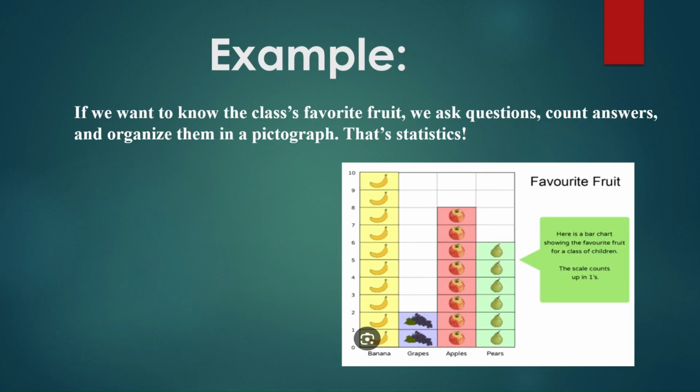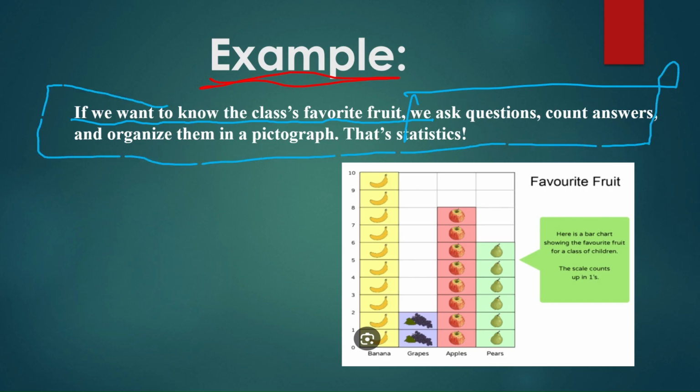Now here's a great example for you guys. The example here says, if in a class we want to know what's the favorite fruit, to know that we ask questions, then we count the answers, and then the final step is to organize that information in a proper way that we can understand.